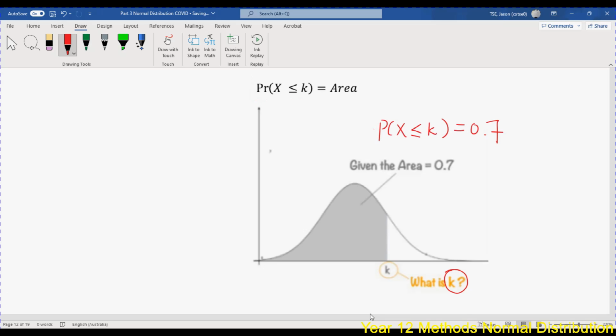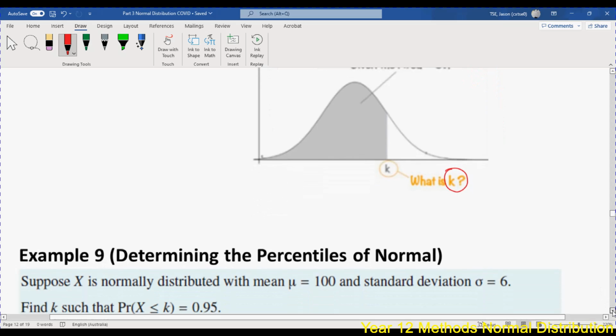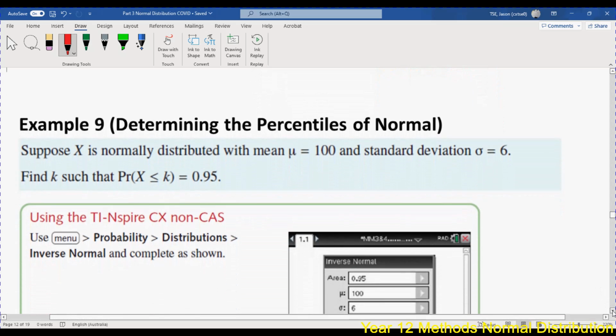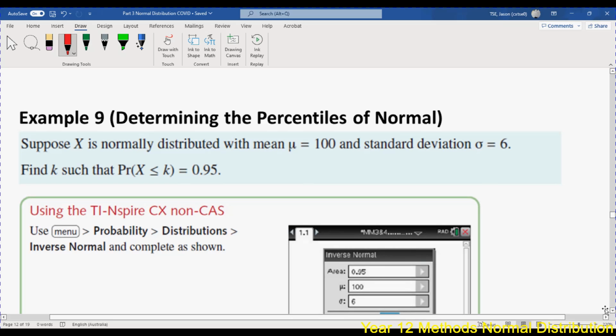And to do that, we need to use the calculator again. But this time, we need to use another calculator function, which is called the inverse normal. Just to give you one example.